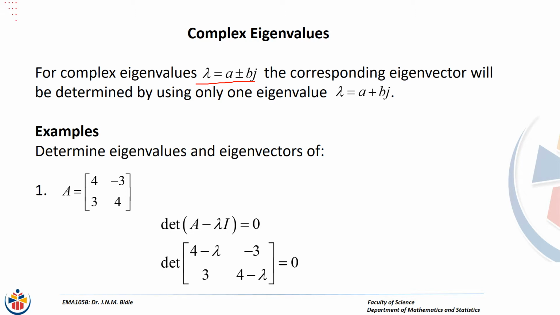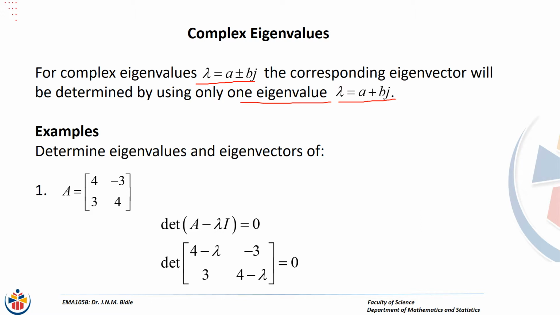And when we want to get the corresponding eigenvector, we just take one eigenvalue, which will be a plus bj, and that will be sufficient to give us the corresponding eigenvectors for these complex eigenvalues. So let's do some examples.